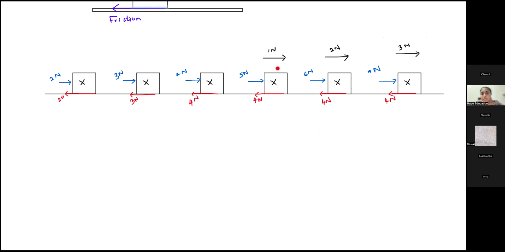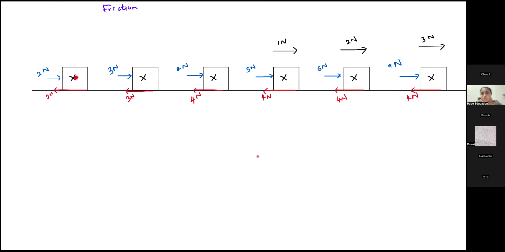Listen very carefully. මුලින්ම I have an object X which is kept on a table surface. This is all the same object at different stages, right? So I have kept it on a table surface and I gave a very small force, 2 newtons. Now the table surface feels that the object X is going to move, and the table does not like it.